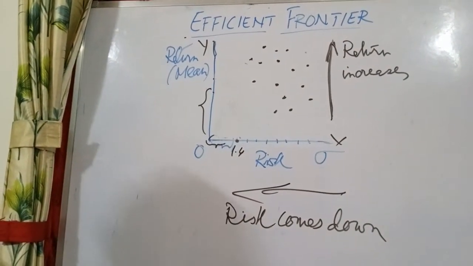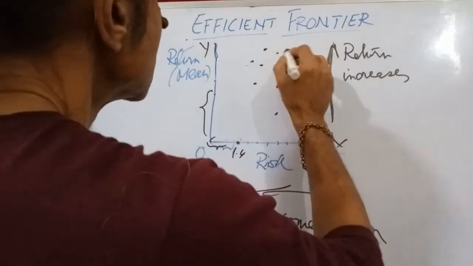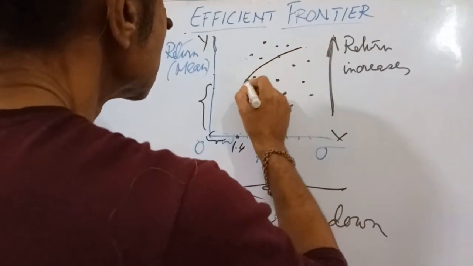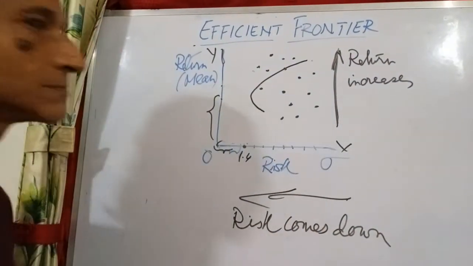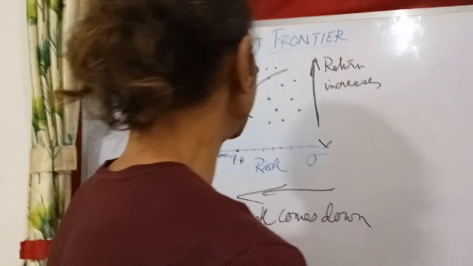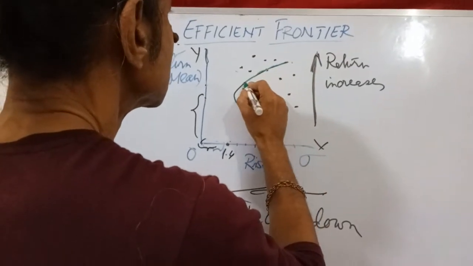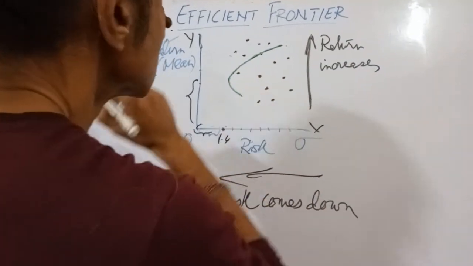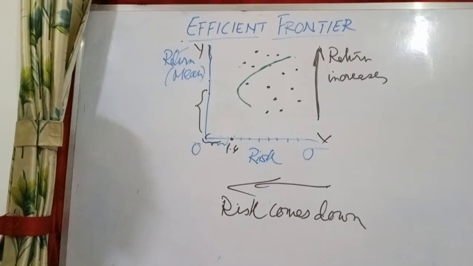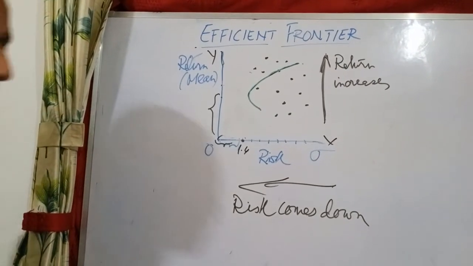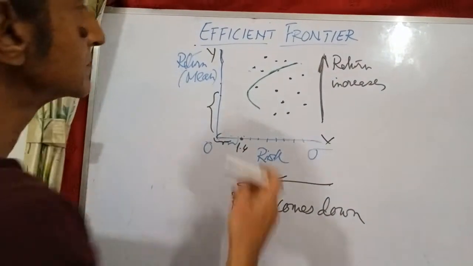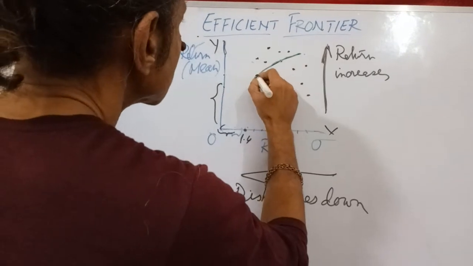So if we draw a curve like this, let me draw it with green ink, we will get many portfolios on it.